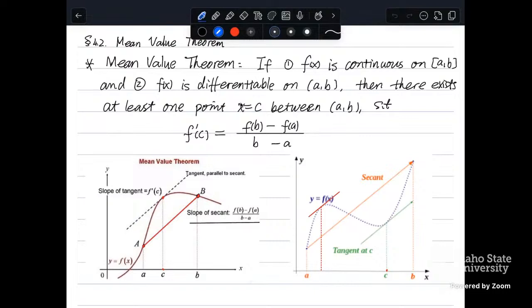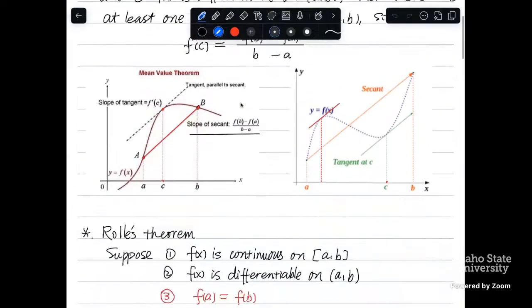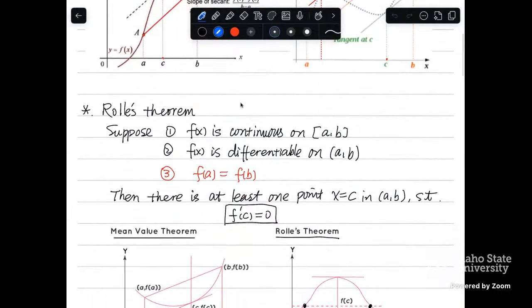What does this mean? By Rolle's theorem, if we have a function which is differentiable on the interval, and the endpoints have the same function value, then there's at least one point in between such that you have a horizontal tangent.